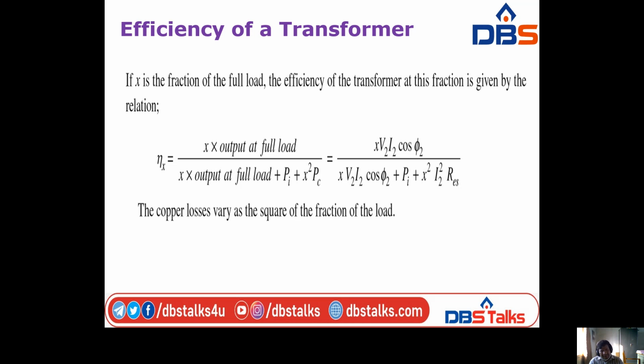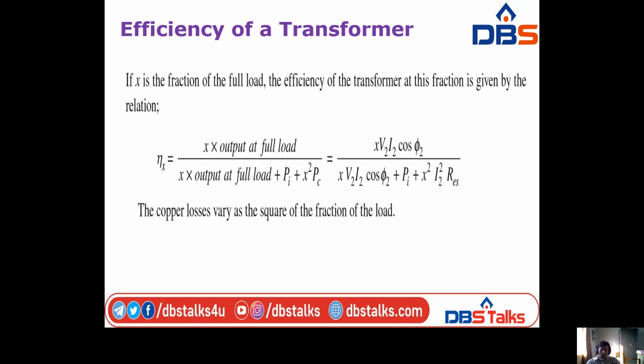Therefore, we can calculate the efficiency at any x of load as eta x equals x into output at full load, divided by x into output at full load plus iron losses plus x square Pc. Why are we putting x square Pc? The copper losses will vary with load. That's why x square.